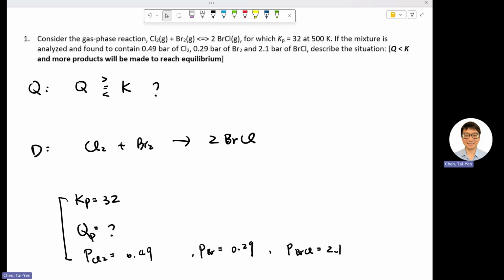Does that make sense? Reading is very important. The things that you don't see are sometimes even more important. This is one of those cases, because it did not say at equilibrium. Therefore, whatever numbers it provides are for your Q calculation.